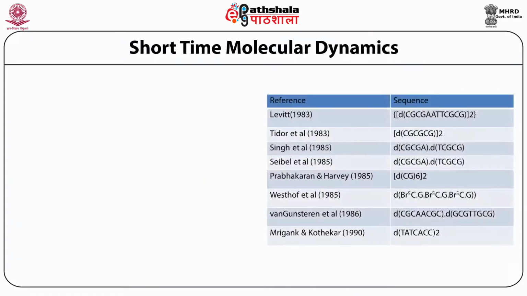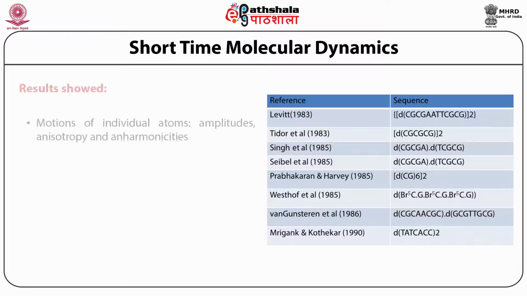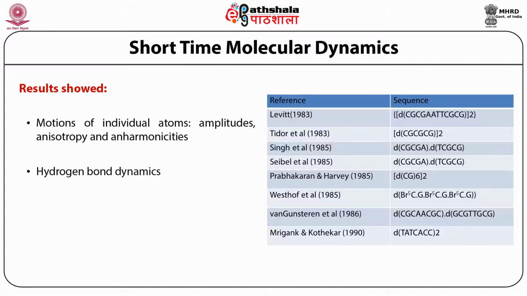The backbone torsional angle variation in the molecular dynamics simulation of 100 picoseconds is shown in this picture in the form of conformational dials. Here the center of this circle represents 0 picosecond, while the periphery represents 100 picoseconds, and angles are plotted.